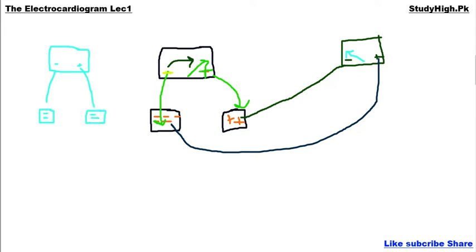Both are negatively charged. Then what will be the deflection of this voltage meter? It will show no deflection. It is a zero. The voltage meter will remain in its original normal position.